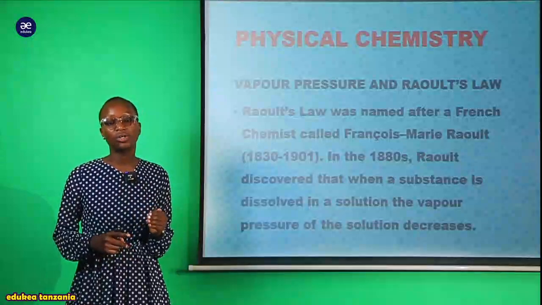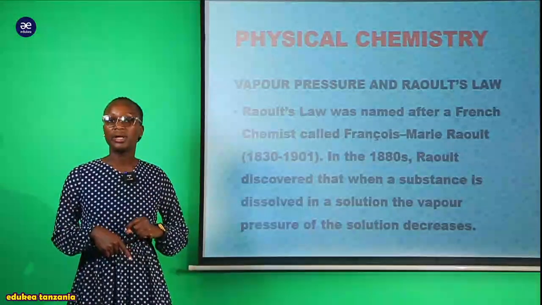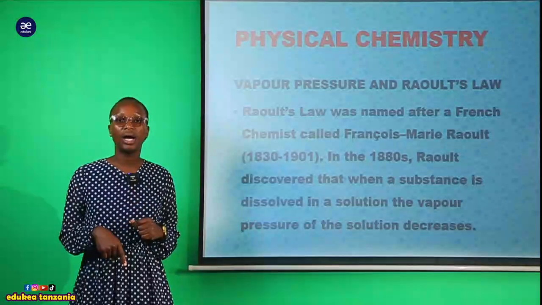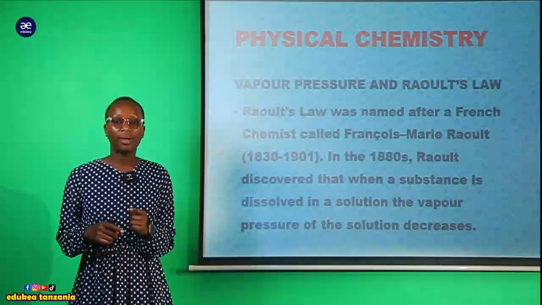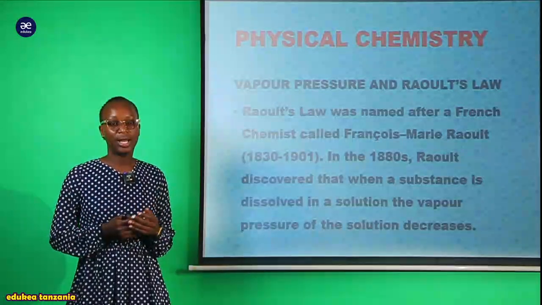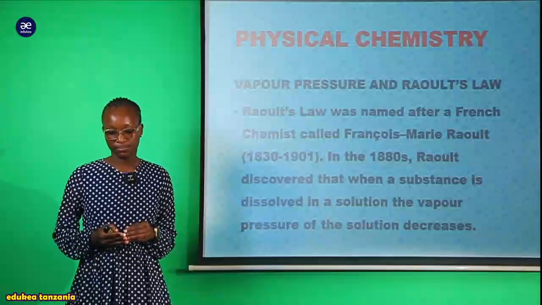Change in P is equal to P degree minus P, where P degree is the pure vapor pressure of the solvent, and P is the pressure of the solution, and change in P is the change in vapor pressure.